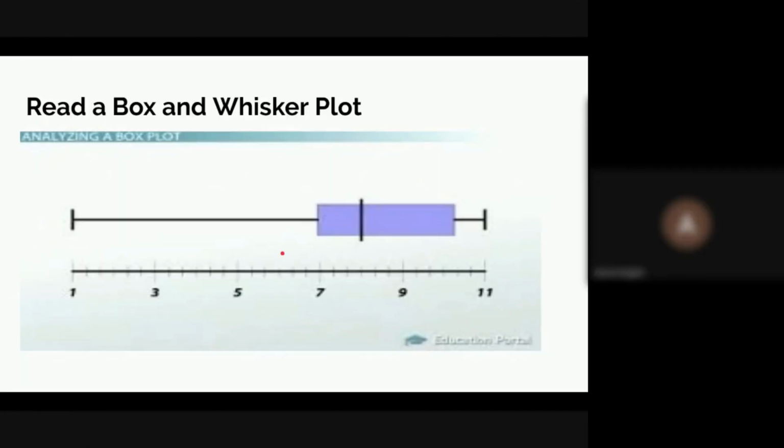So it's 8. It's 8, yes. Okay, 8 is the median on this bad boy. What is the maximum on it? 11. 11, okay. And now, what is the lower quartile? 1. Nope, be careful.